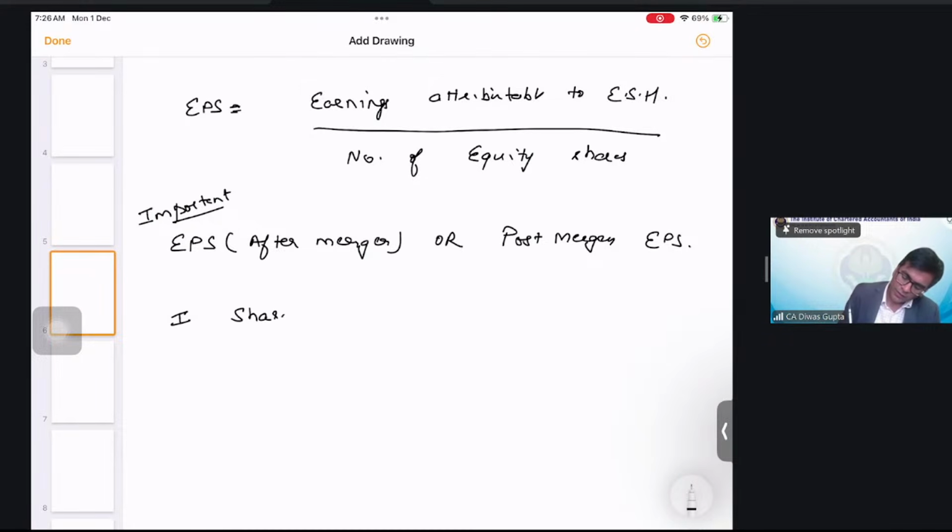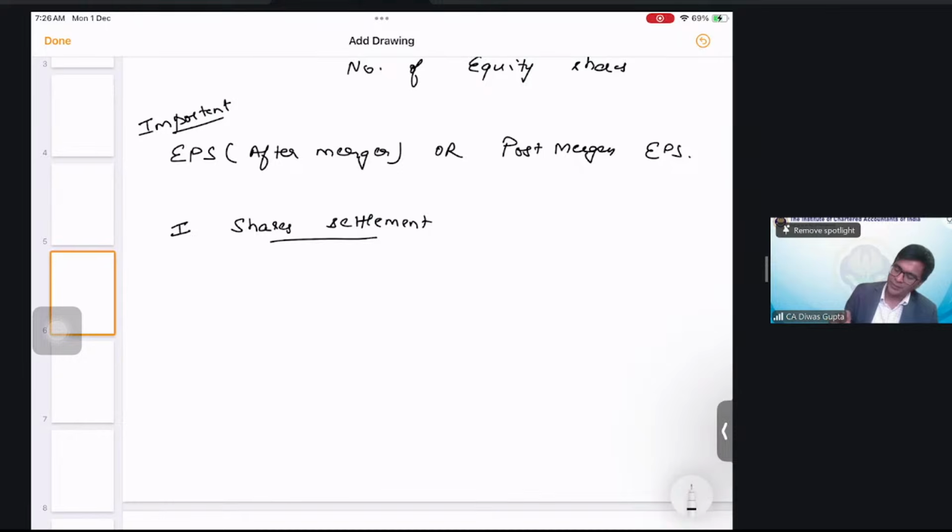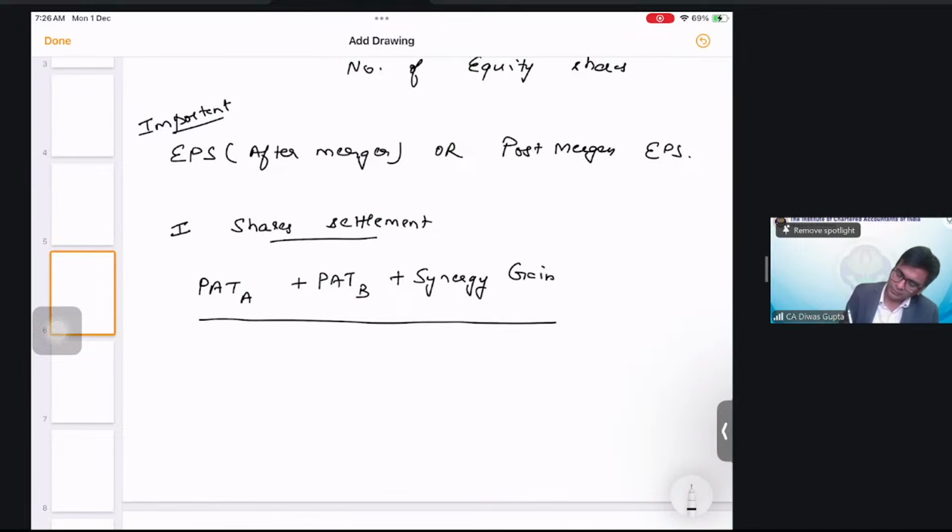In case of shares settlement, that means if we are settling it through shares, then PAT of A, profit after tax of B, plus synergy gain, divided by equity shares of A Limited.